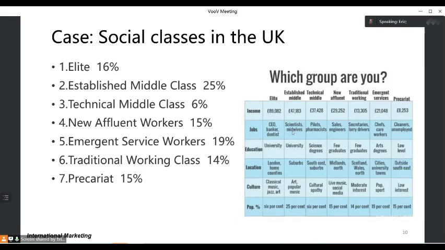It's very interesting. We know that in most countries, midwives are not so rich. Technical middle classes: pilots, pharmacists.